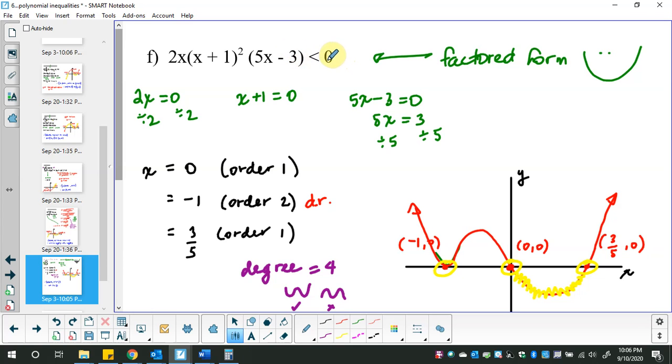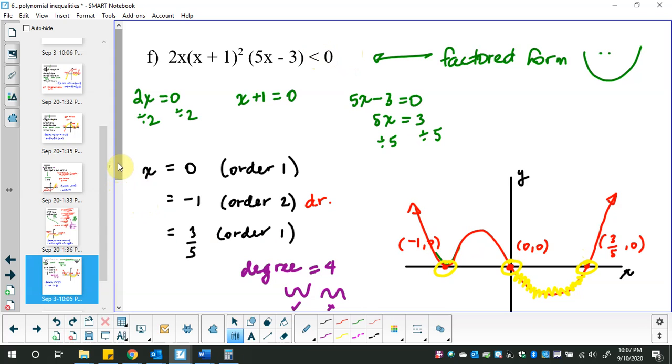So that makes that false. And if you end up putting either -1 or 0 or 0.6 in, you will get 0 is less than 0, which is also an incorrect statement because 0 is not less than 0. It's equal to it. So if there was an or equal to, you would be coloring them in and mentioning them in your therefore statement.